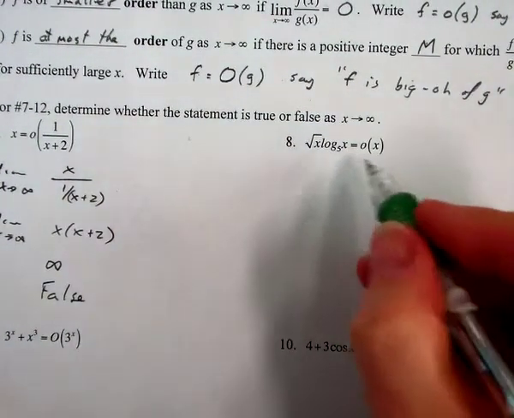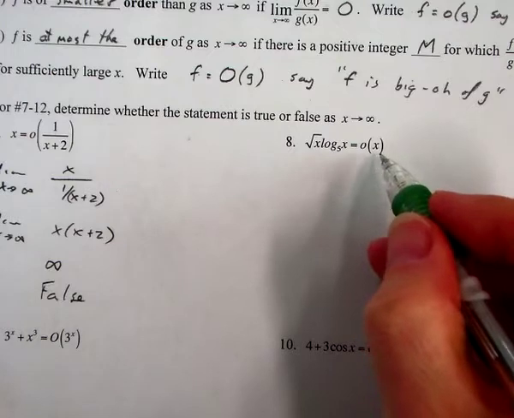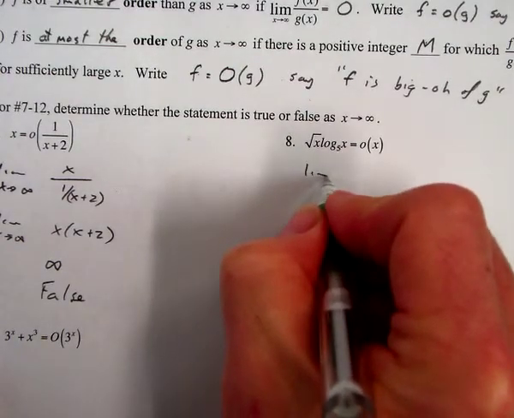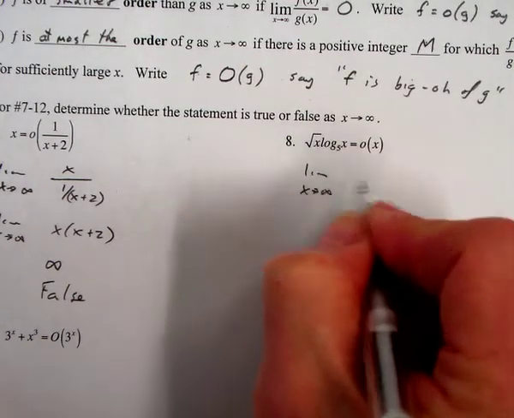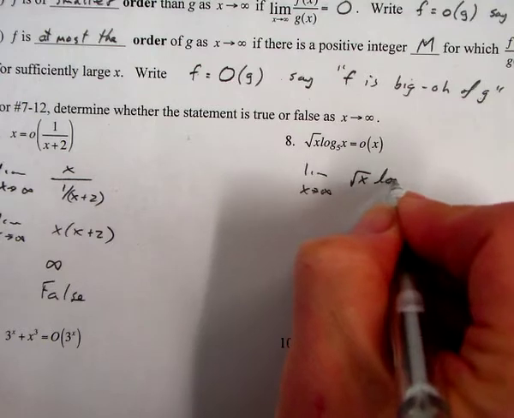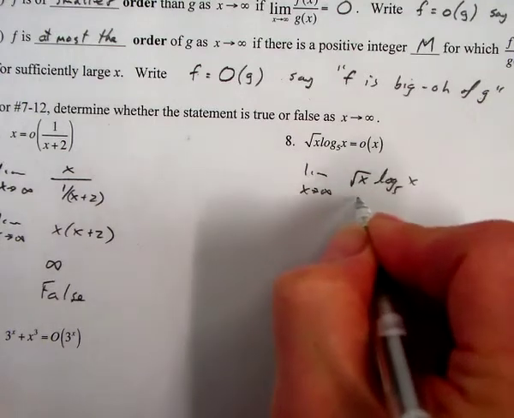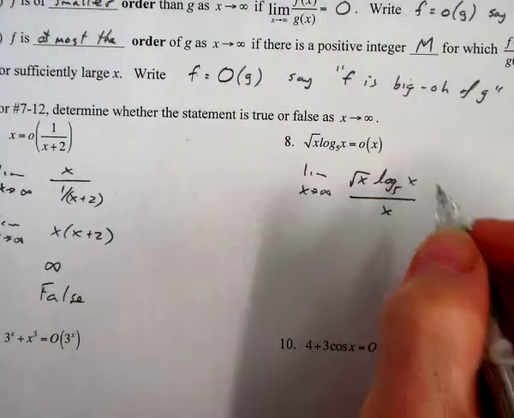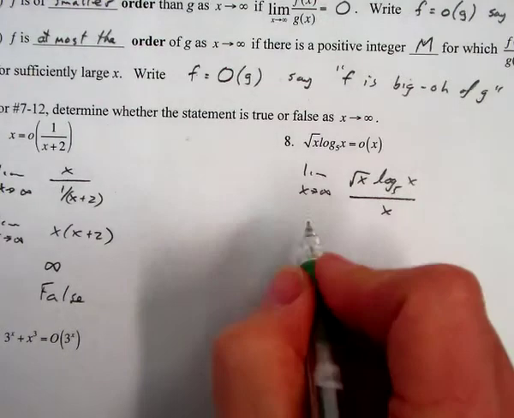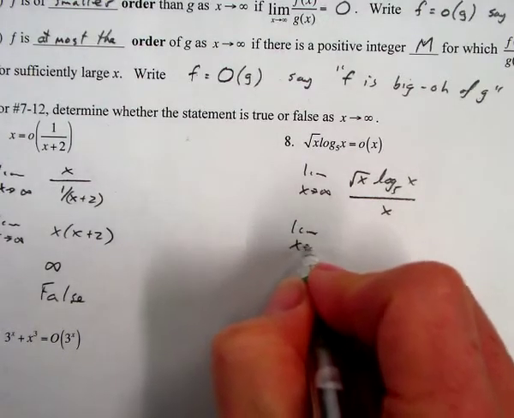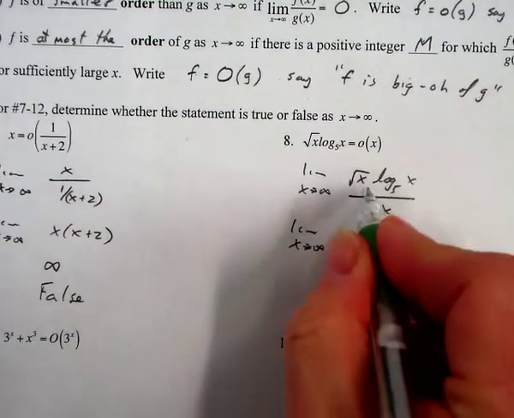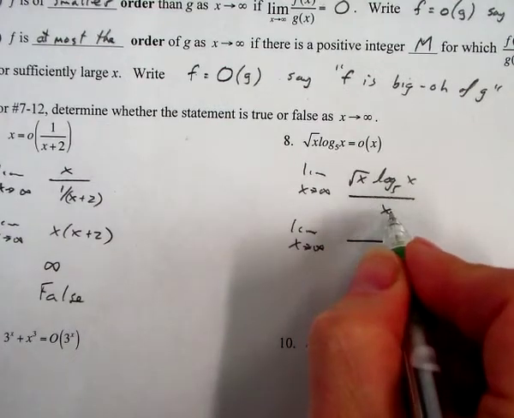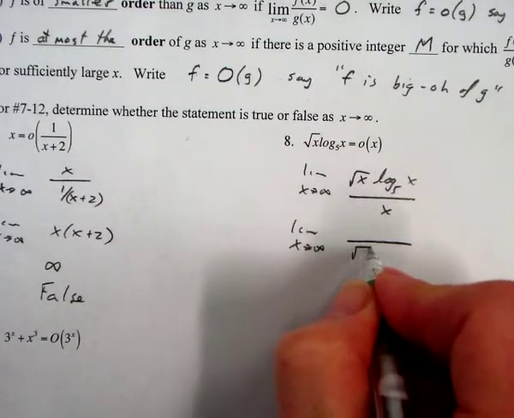Square root of x log base 5 of x equals little o of x. So we'll have the limit as x goes to infinity of square root of x log base 5 of x divided by x. If we manipulate this down, square root of x divided by x will be root x in the denominator.